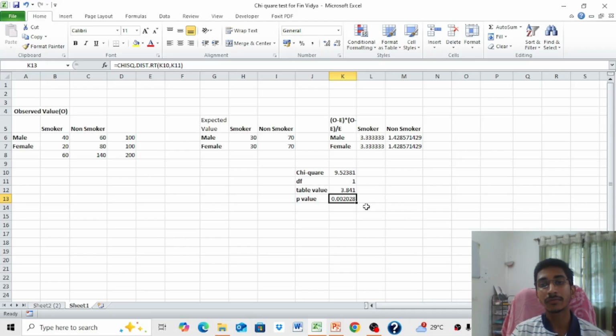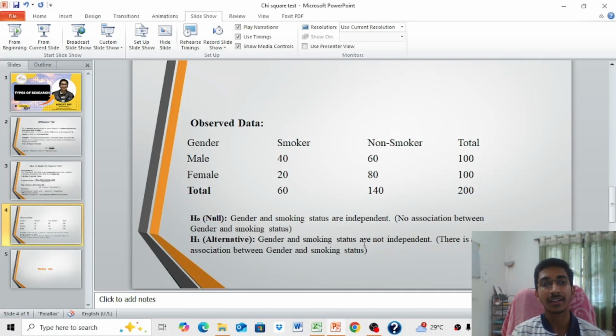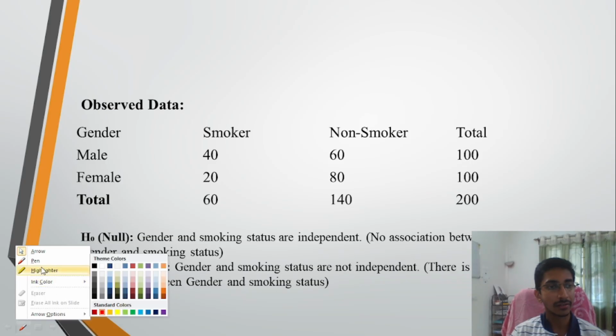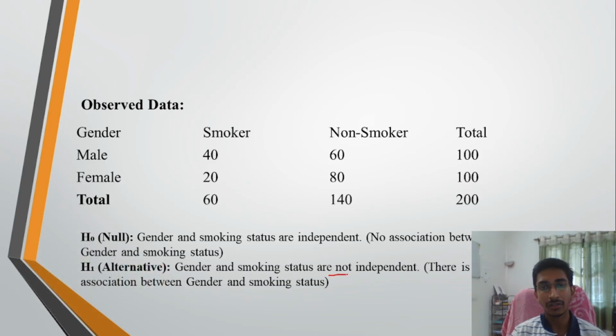So our table value and our p value both confirm that we have to reject the null hypothesis. It means that gender and smoking status are not independent. So we found the calculated chi-square test, and the test suggests that we should reject the null hypothesis.